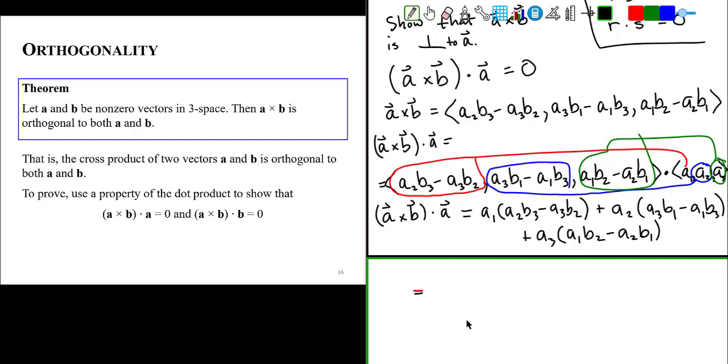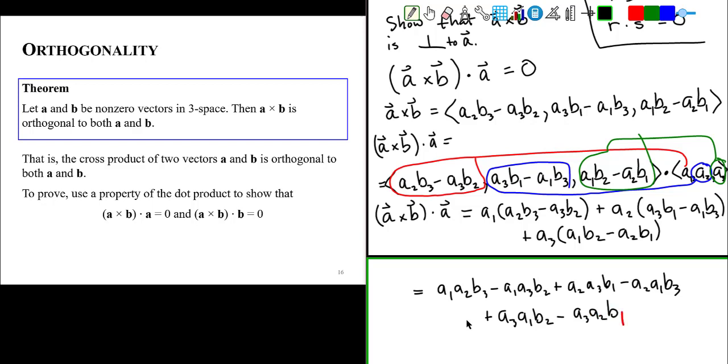Let's write this all out. So that is A1, A2, B3, I am just distributing between the terms, minus A1, A3, B2, plus A2, A3, B1 minus A2, A1, B3 plus A3, A1, B2 minus A3, A2, B1.